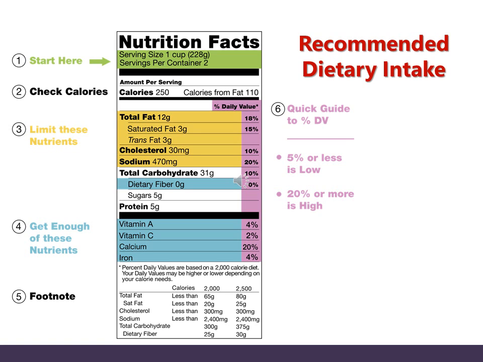Try to check if the daily value is normal. Check that it is not 5% low or 20% high. Make sure that it contains vitamins and minerals, and make sure that the fat, cholesterol, and sodium are in less amount.